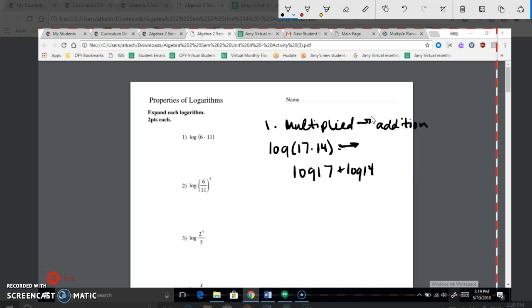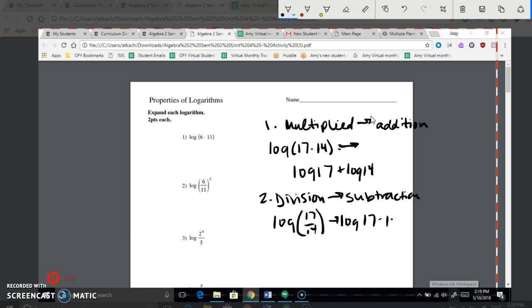So pretty basic there. For division, that is going to turn into subtraction. So if we have log of 17 over 14, that just becomes log of 17 minus log of 14.